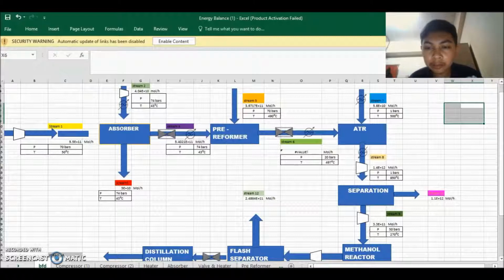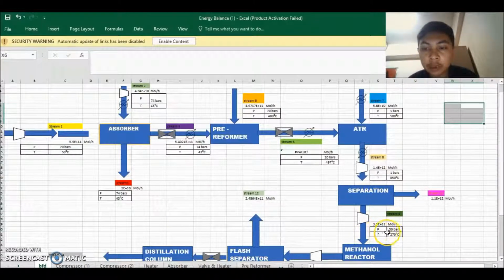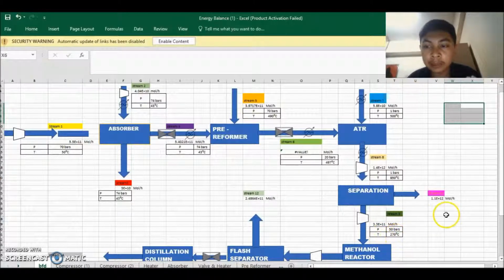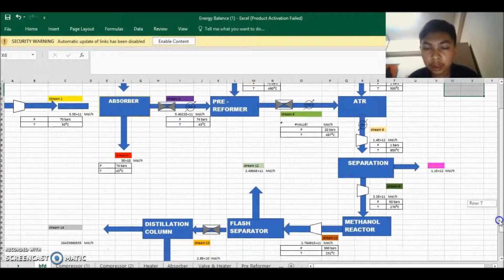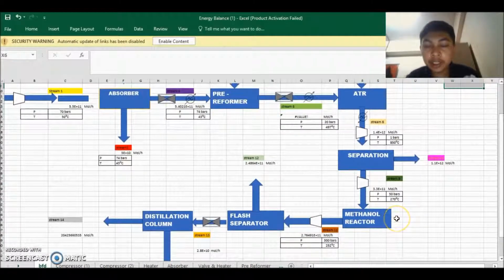For the methanol reactor, we use P equal to 15 bar and T equal to 270. The temperature going out from the methanol reactor is 262, and the pressure is 300 bar.